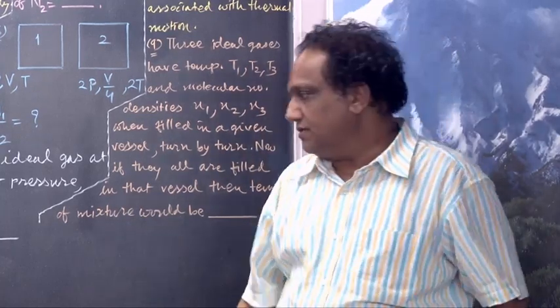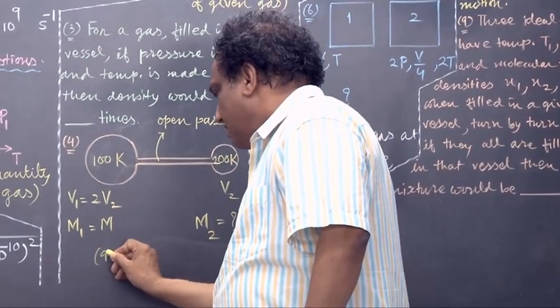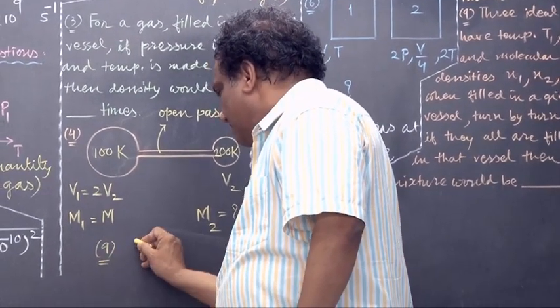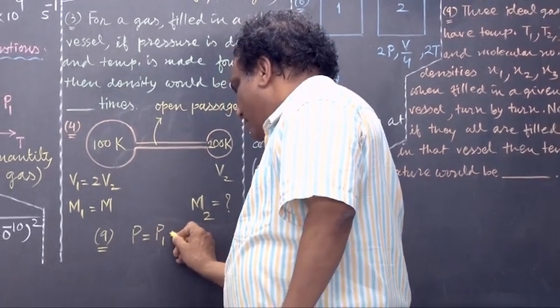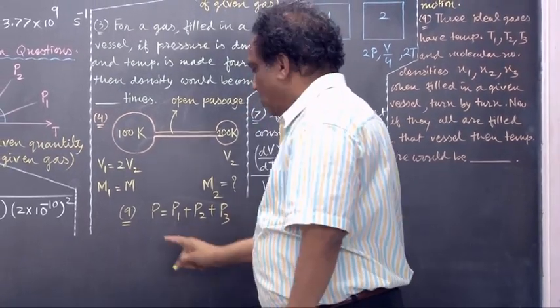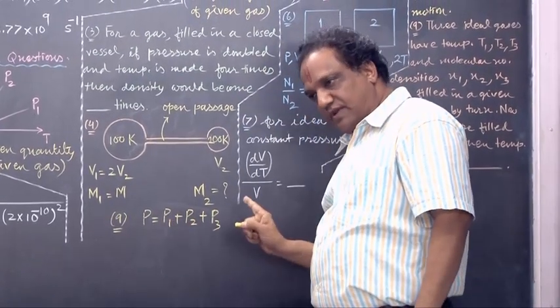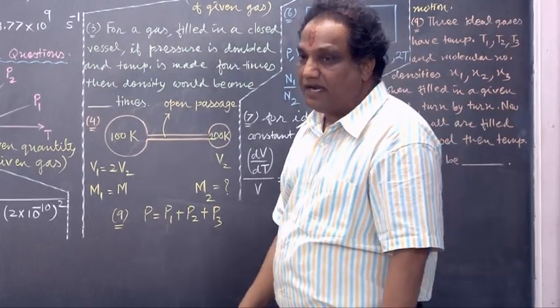Now they are asking what would be the temperature of that mixture. Quite simple, look here. The resultant pressure is this much. Total pressure is summation of partial pressures. Don't you know the formula of P? It is n kBT.